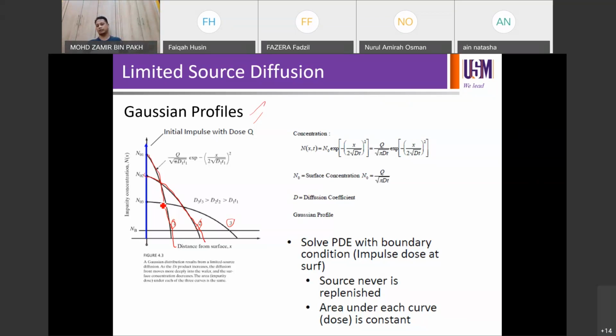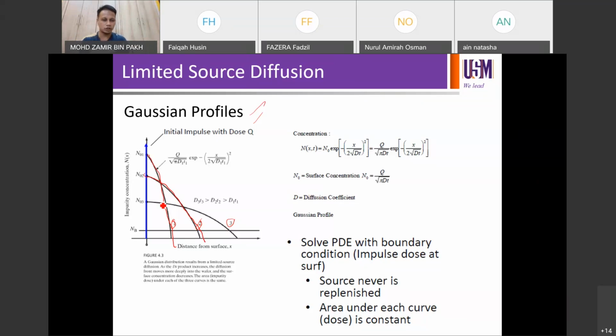Profile going deeper itu sama dengan error function, but then the obvious difference is error function doesn't have any change in the N naught because of constant source coming in. But for Gaussian profile, you're gonna be depleted of your peak concentration at the surface because you only have limited source to continue the process. So that's why your N naught decreases as the process goes longer.